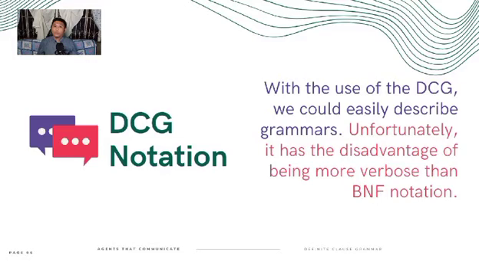So we can have the best of both by defining a special DCG notation that is an extension of BNF but retains the well-founded DCG semantics. From now on, when we say definite clause grammar, we mean a grammar written in this special notation, which is defined as follows.